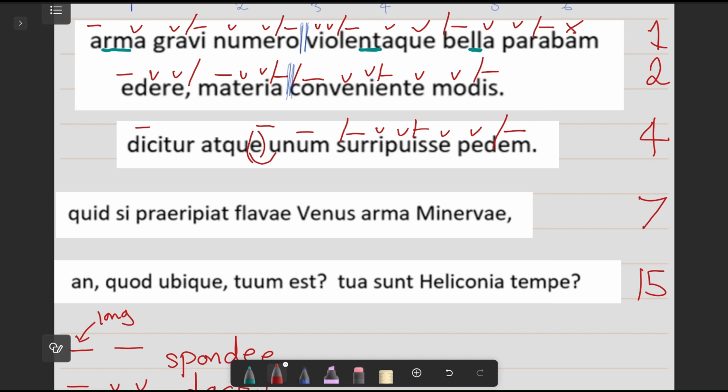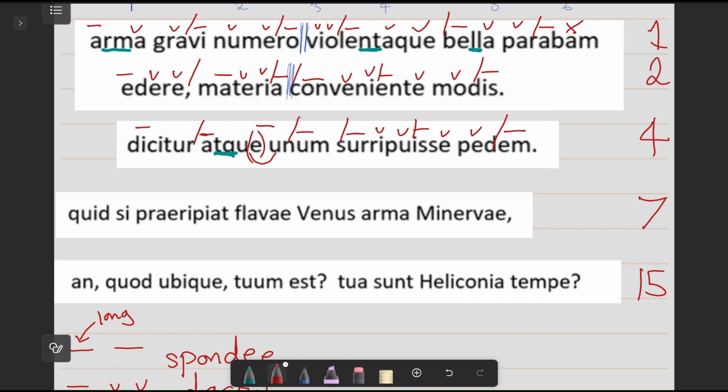And then we have the middle foot. And then we have to look to see what else there is. We can see that there's atqua. They're 2 consonants in a row. So the a is going to be long, so it'll be atquun.